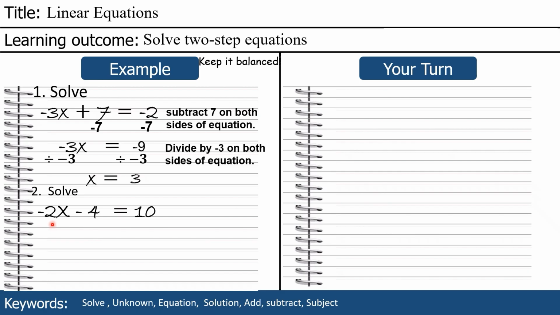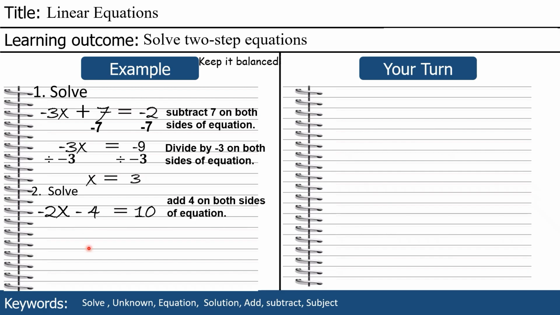Negative 2x is the same as x multiplied by negative 2. Then we have subtract 4. So subtract 4 is the last operation that was done to x on the left hand side. So we have to reverse subtract 4, and the reverse of subtract 4 is add 4.